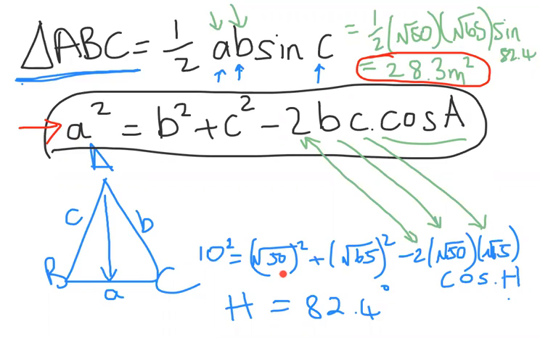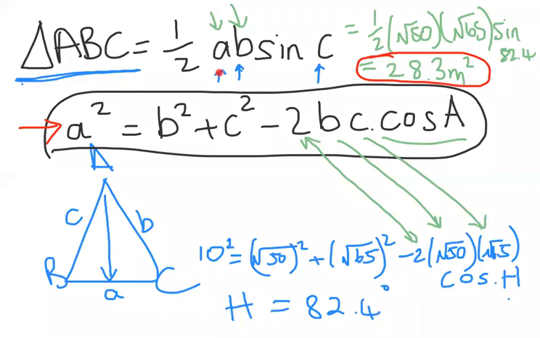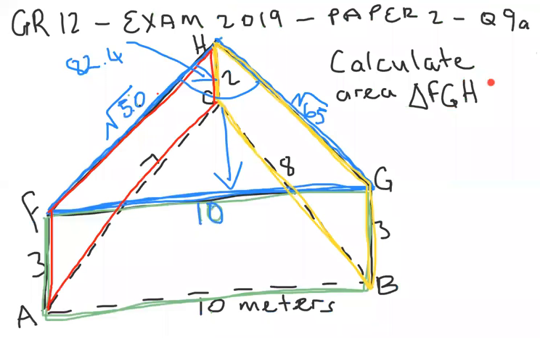Yeah, I just substituted everything in. There's a 10, there's the H, and eventually I got to an angle of 82.4. That gave me that angle, and now I had everything to do the area of a triangle. Just substituted the 2 sides and the angle in the middle, and I got to 28.3, and the answer is in meters squared.